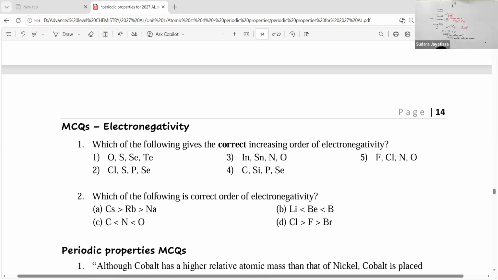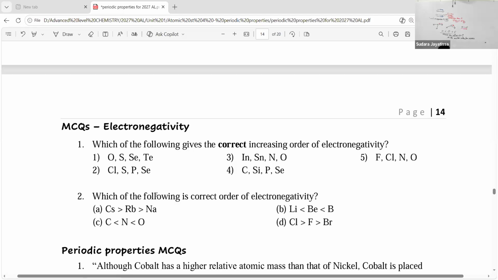Indium is in group 13 and tin is in group 14, in the same period. Across the period, electronegativity increases, so that order is correct. Answer 3. Then shall we arrange the others in proper order?